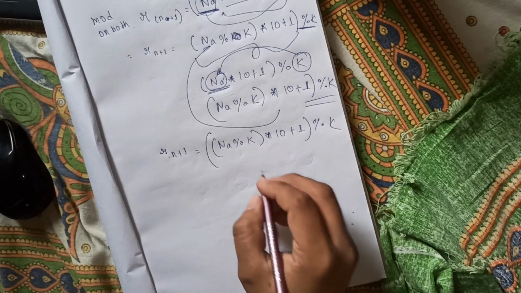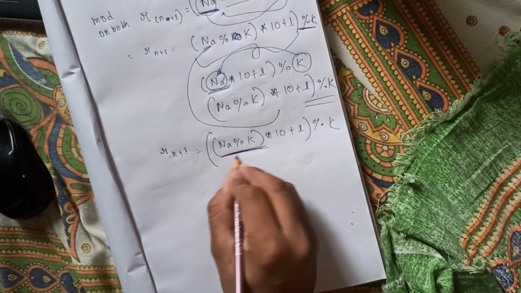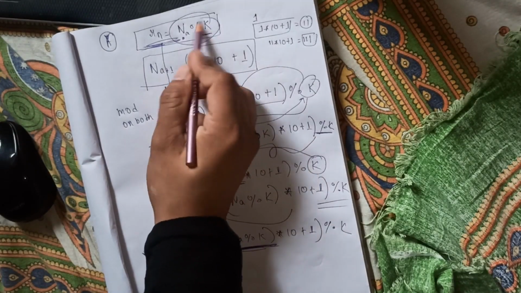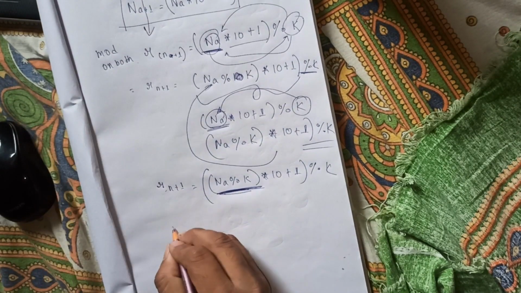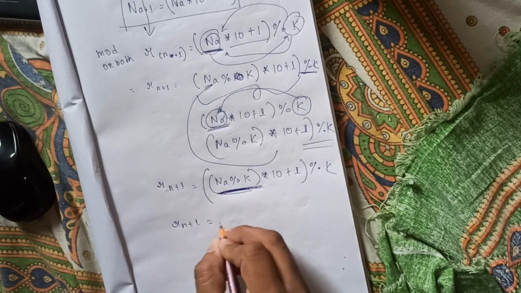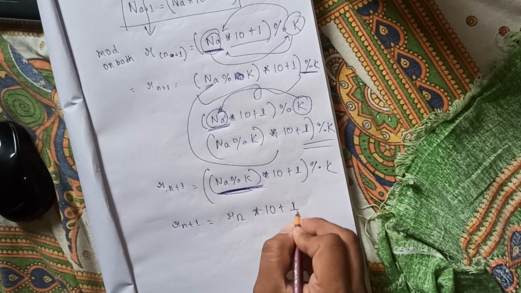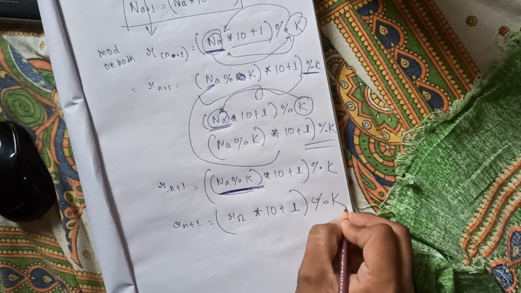Now if you look at this part, n of a modulo k is r of n, right? So r of n plus 1 is r of n into 10 plus 1 modulo k, right?